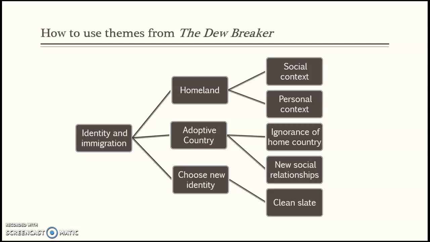So here's one man within this society. As he moves into an adoptive country, which is the next section here, there are a couple of things that happen. One is that, generally speaking, the people in America where he moved would not really have known what was going on in Haiti. The average American probably has very little knowledge of Haitian history and culture and society.